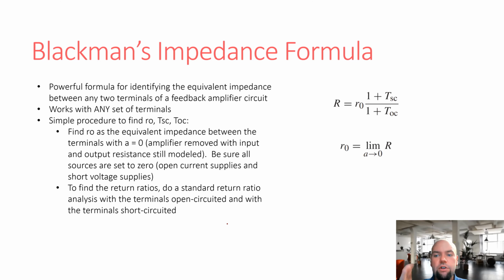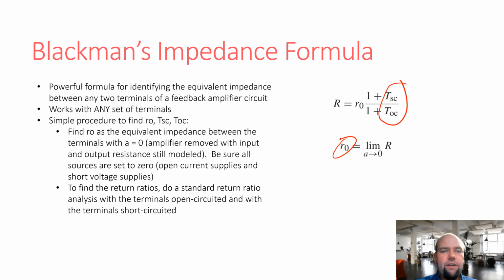We can take any two terminals and apply a test to find these two parameters, the short circuit return ratio and the open circuit return ratio, and we can find the equivalent resistance between those two terminals. It's not just the output or input; it's any collection of two terminals. There's a procedure, so basically, we need to find these terms.